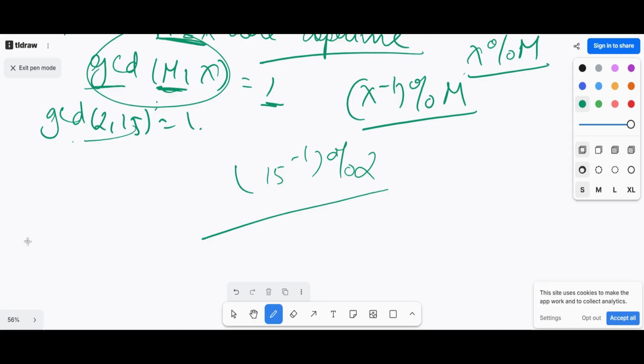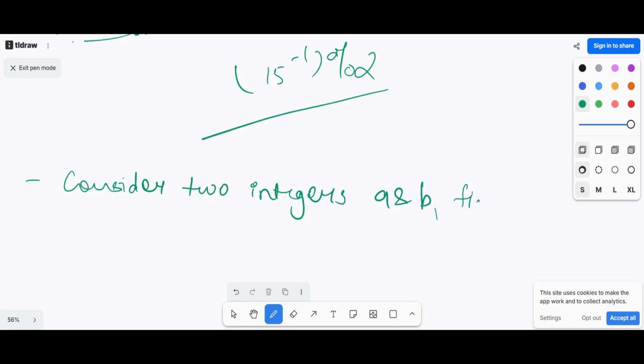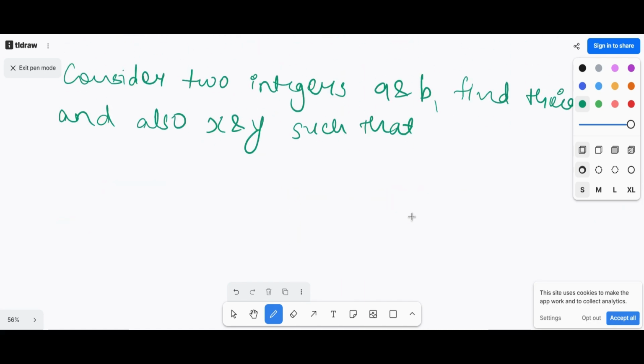Now consider two integers a and b, and find their GCD also, and also take two more variables x and y, such that... a little bit of maths, a little bit of proof, so that you don't have to remember everything.